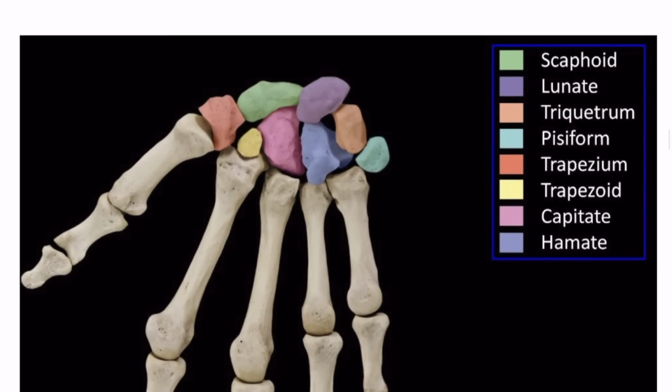From lateral to medial, initially this is the scaphoid bone, then the lunate, then the triquetrum, then the pisiform. The pisiform is associated with the flexor carpi ulnaris muscle, and then you have the trapezium and trapezoid, and then the capitate and hamate.